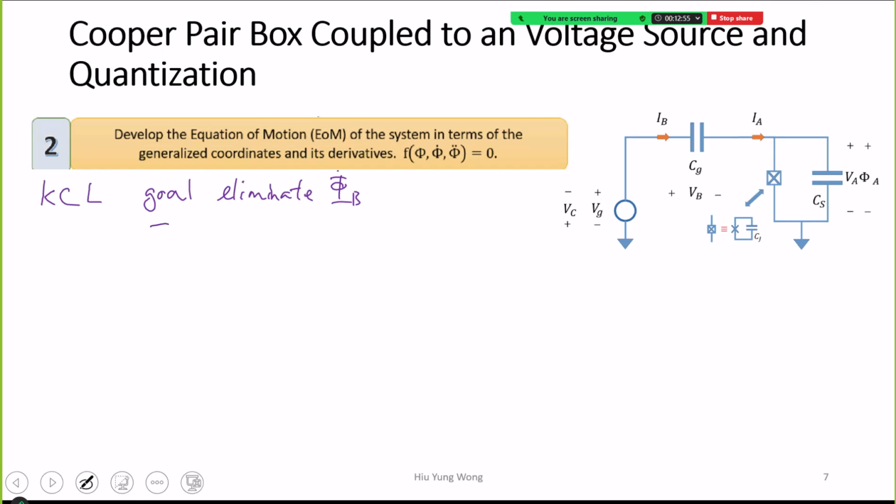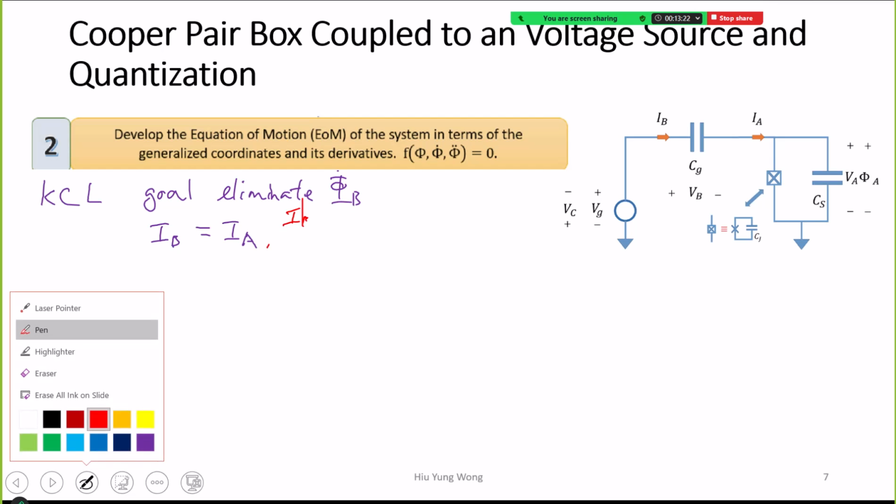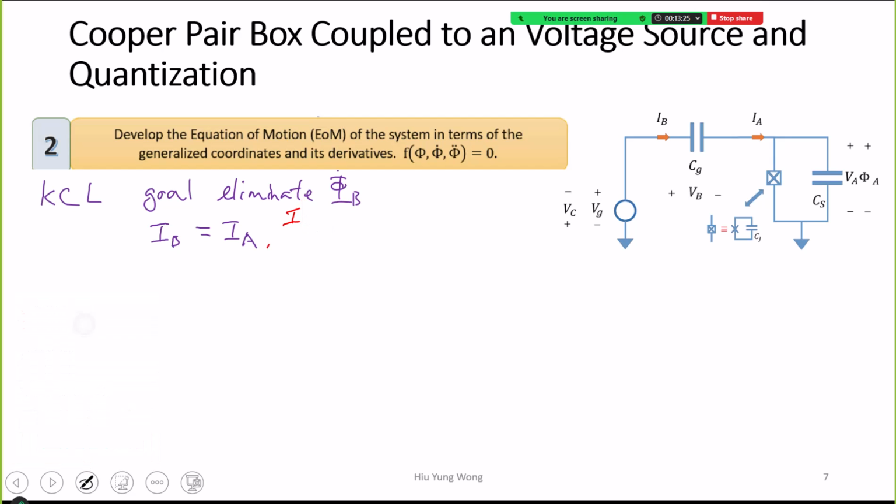I only have one equation, two currents: IB equal to IA. This one you agree? Yeah, it's continuous. So what is IB in this case? To save space, I'm going to do this. IB equals, I will just say QB dot.